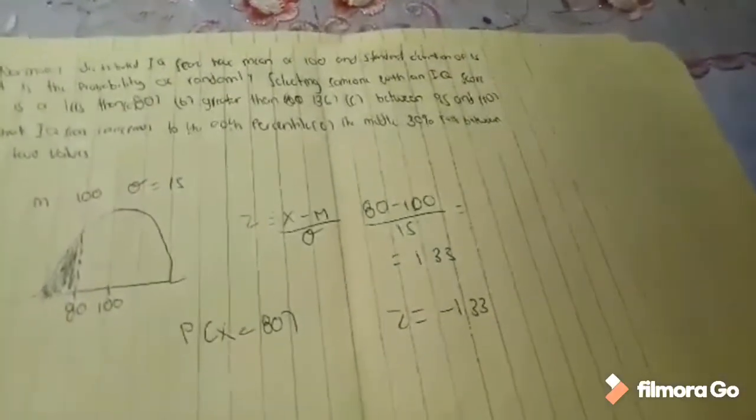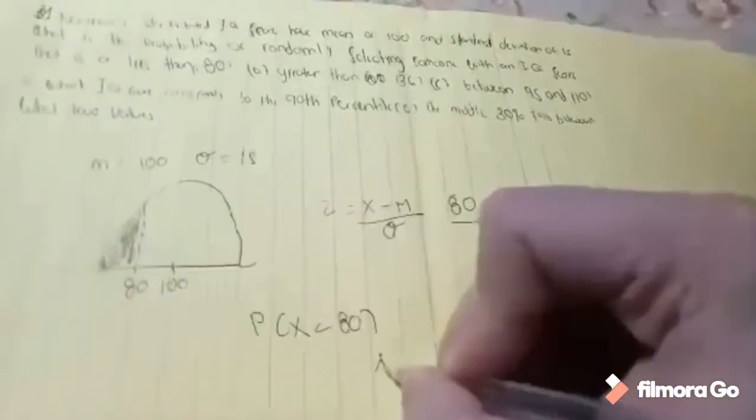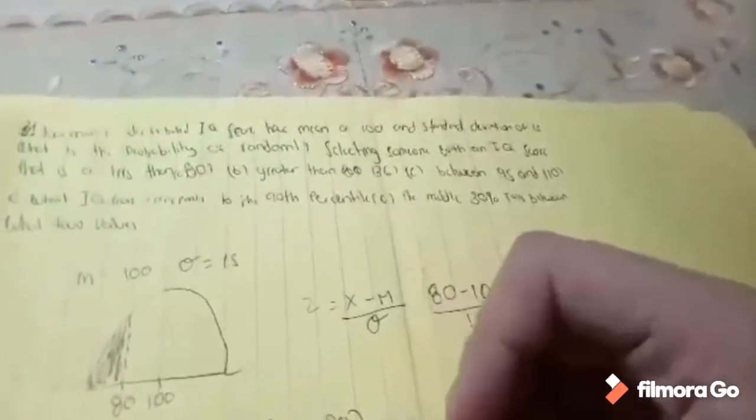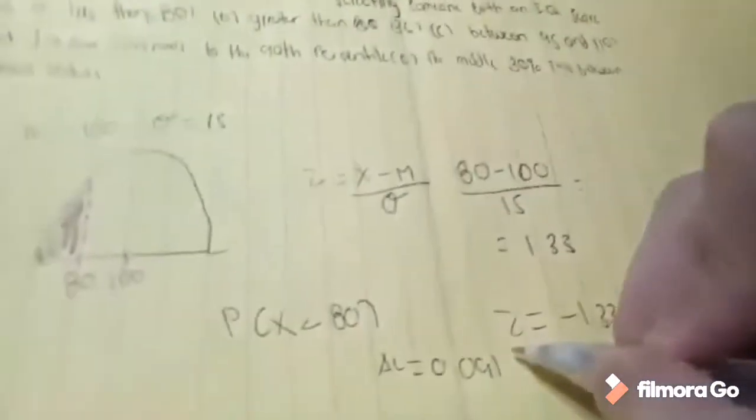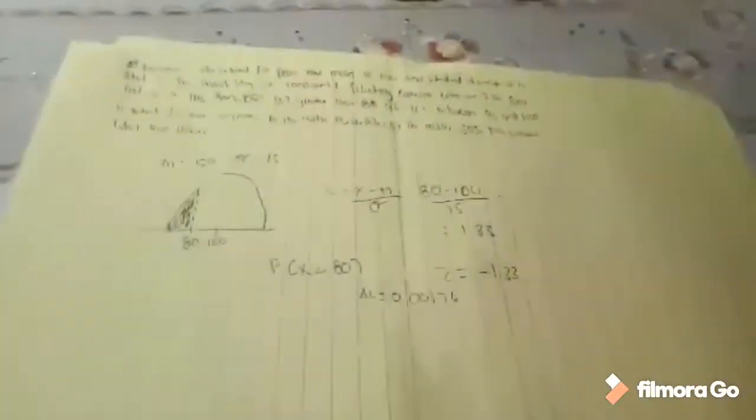So using the table, the value on that z-table is equal to 0.09176.